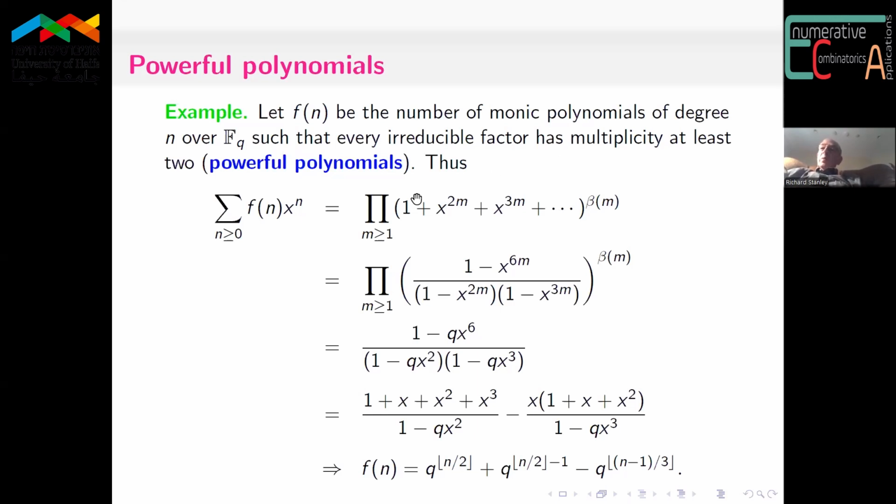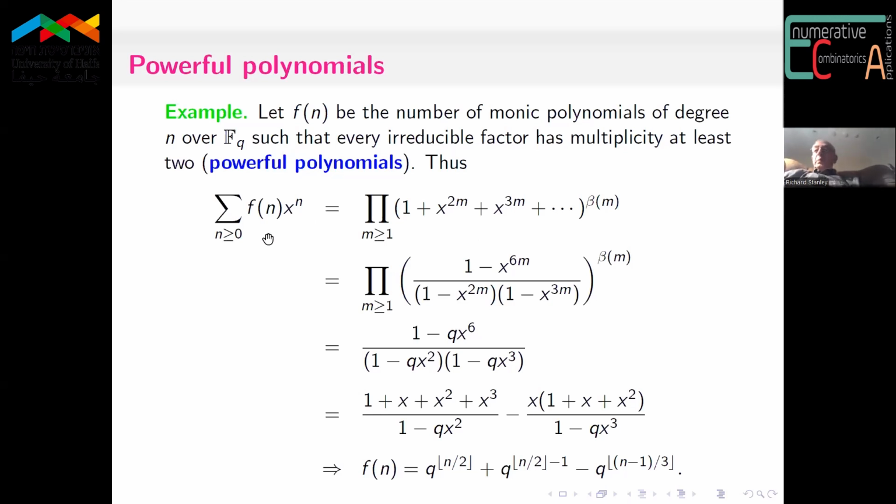For each irreducible polynomial, we choose a term here, the multiplicity of that irreducible polynomial. It cannot be x to the m because by the definition of powerful, multiplicity 1 is not allowed. And then we do this for beta m different irreducible polynomials. So this is a generating function for f of n.